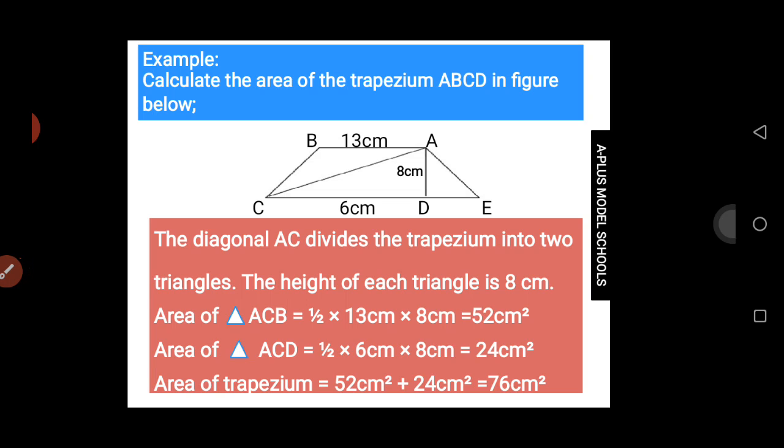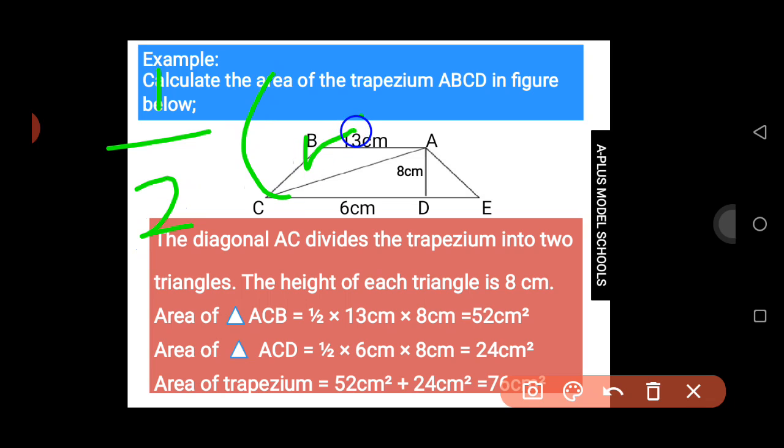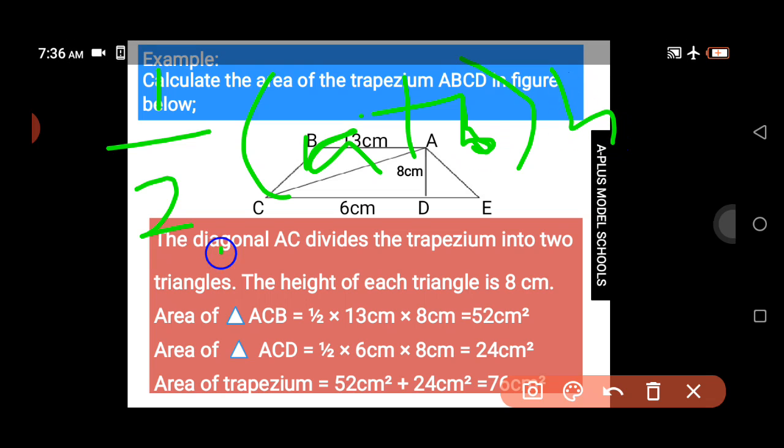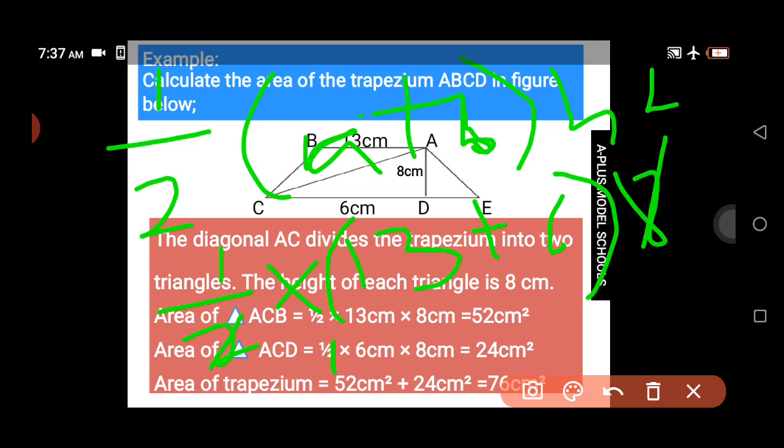And if you don't want to do it like that, apply the formula I gave you, where I said 1 over 2 in bracket A plus B, then multiply by the height. So here I have 1 over 2 multiplied by A, which is 13, plus 6, close the bracket, times 8. 2 goes into 8, that is 4.